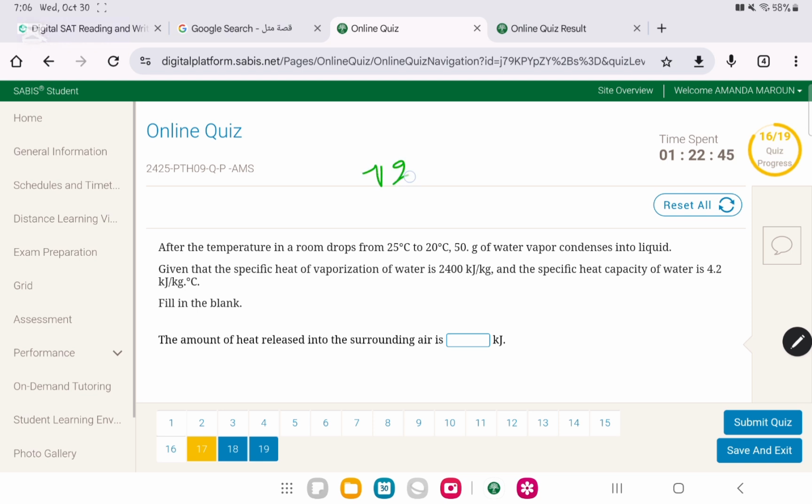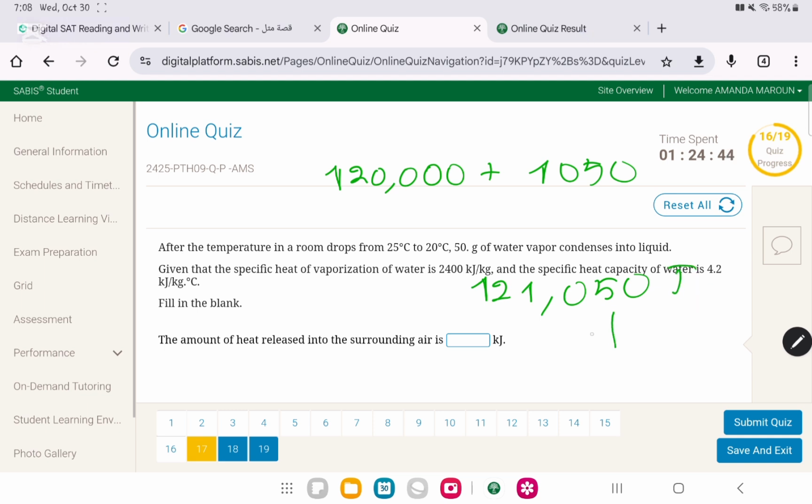So when you do it, you're going to have 120,000 plus 1050, which is 121,050 joules, and then you have to change it into kilojoules.